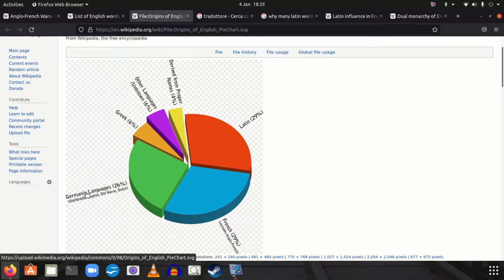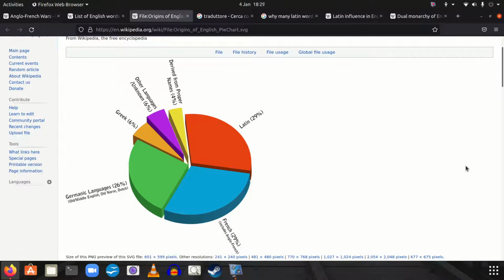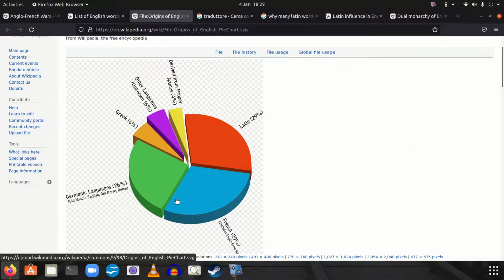Of course, we have 26% from the Germanic languages. Of course, a lot of people say that the English language is in the Germanic group of languages, but in reality, this is what we have.